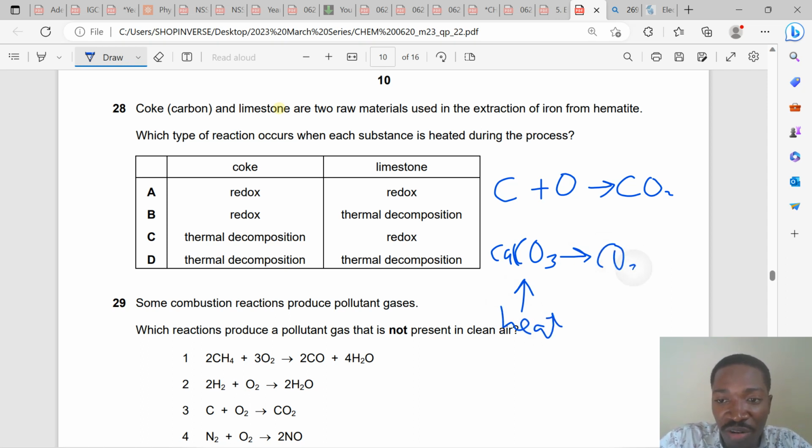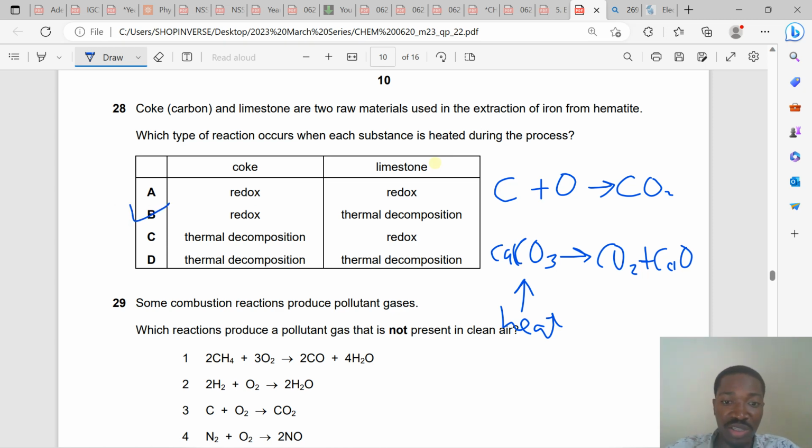It will produce carbon dioxide, then it can produce an oxide of that metal. So the coke will help in reduction, while the limestone will undergo thermal decomposition. Yeah. So the correct answer to 28 is B.